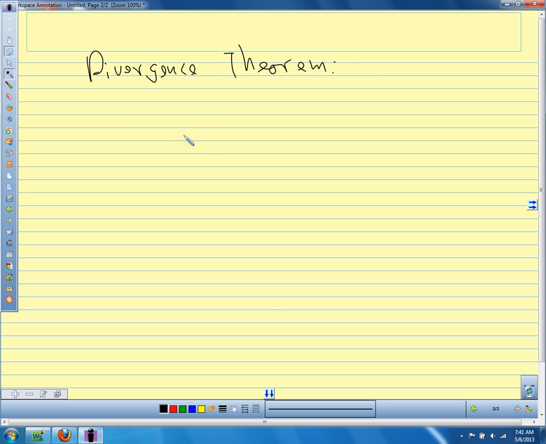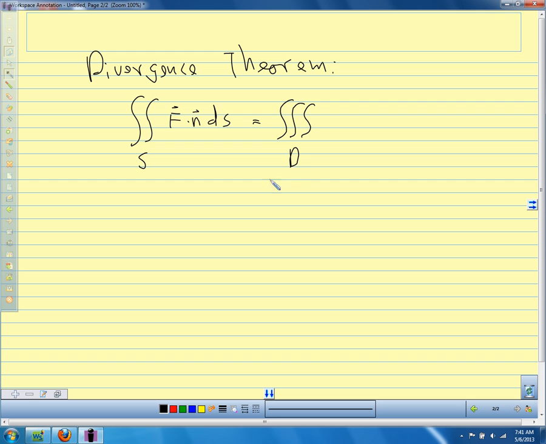The divergence theorem tells us that the surface integral over a surface of F dot n dS, the normal component over that surface, is equal to the triple integral over the solid bounded by the surface of the divergence of F dV.